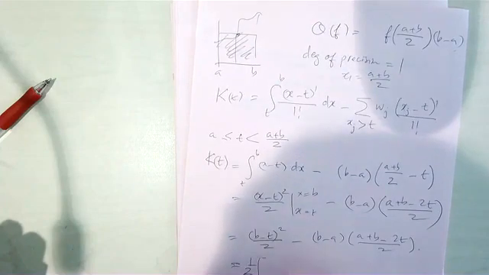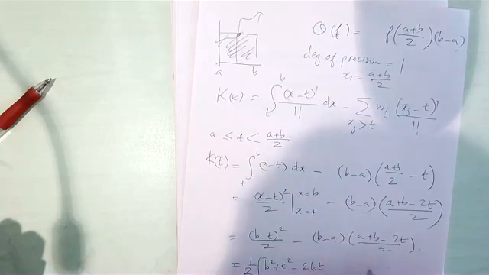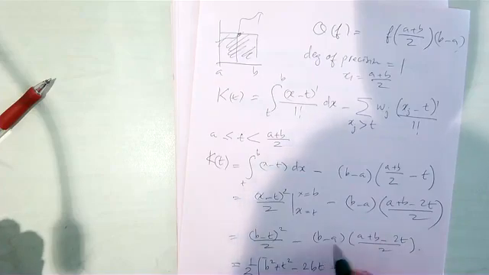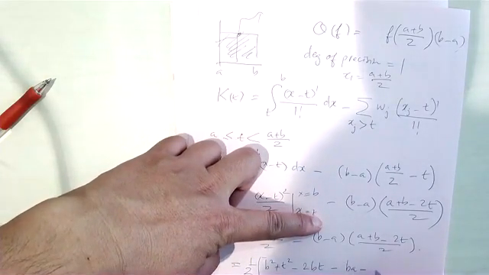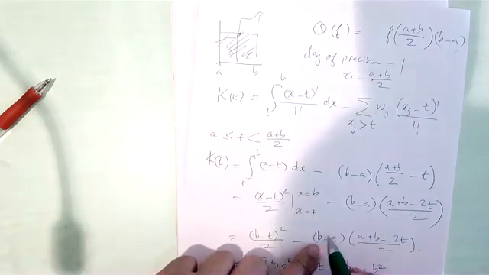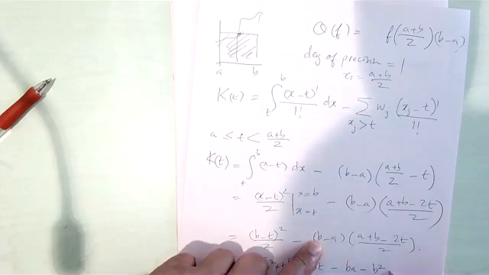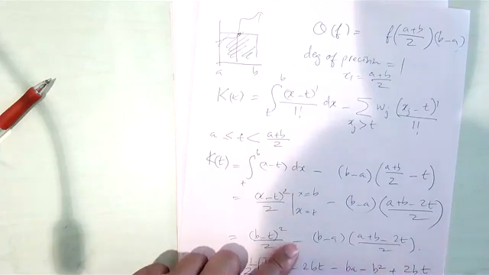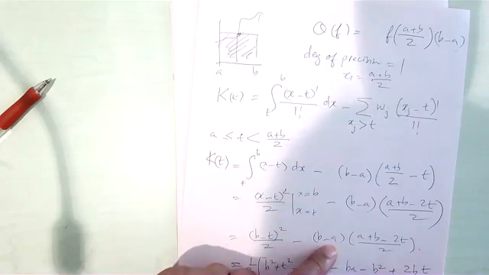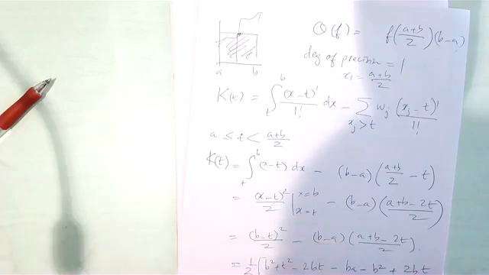So 1/2, then I have B squared plus T squared minus 2BT, and this one will be minus B squared, minus AB, plus 2BT, and then minus becomes plus, A squared, plus AB, and minus 2AT. Okay, something like that, yeah.